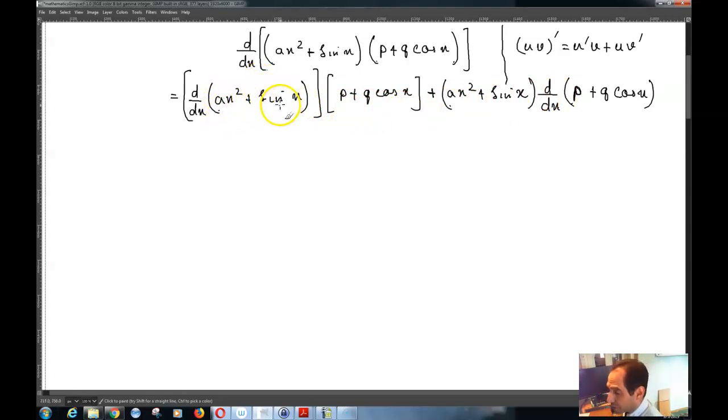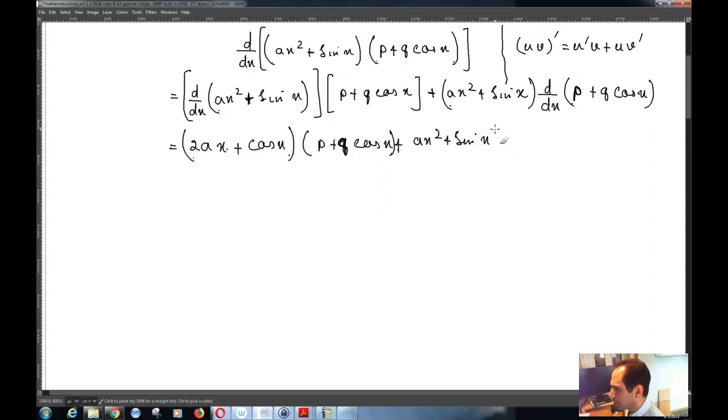So d by dx of ax squared plus sin x is equal to 2 times a times x, and the derivative of sin x is basically cos x, times p plus q times cos x, plus ax squared plus sin x times d by dx of p plus q cos x.